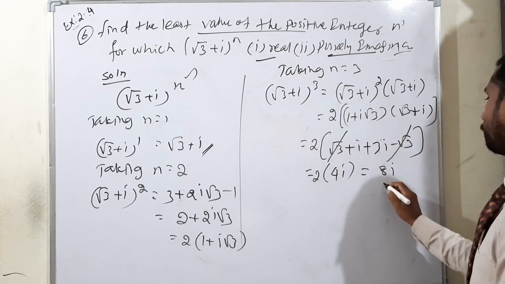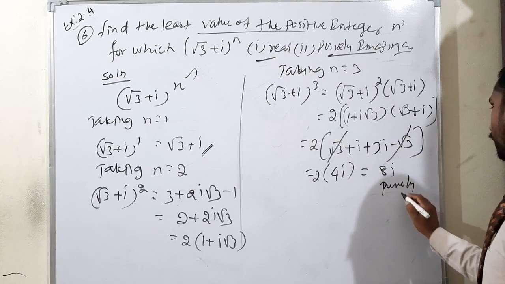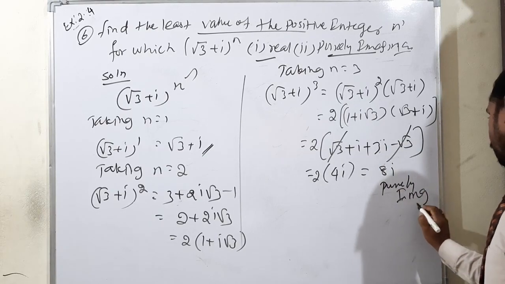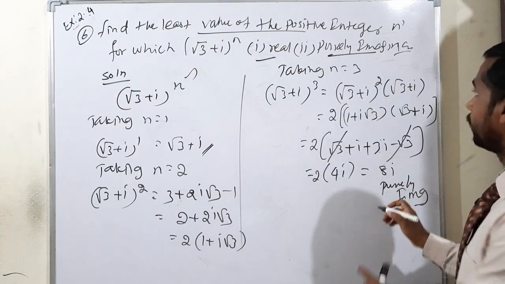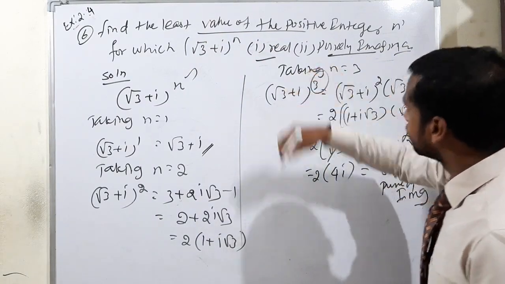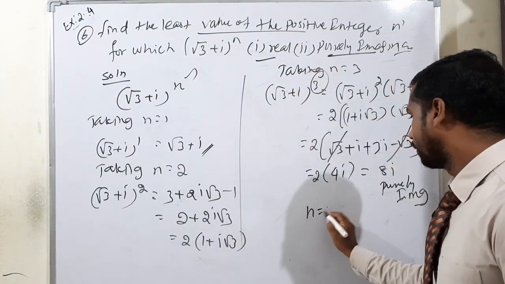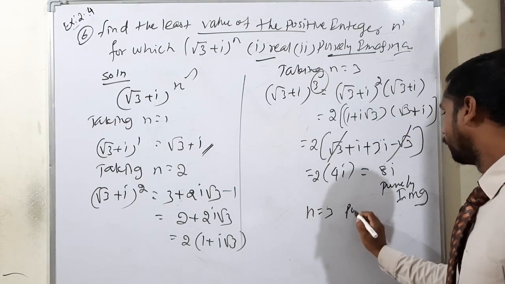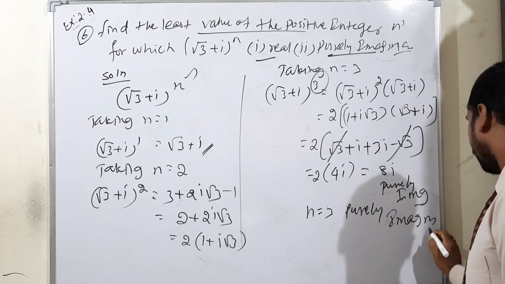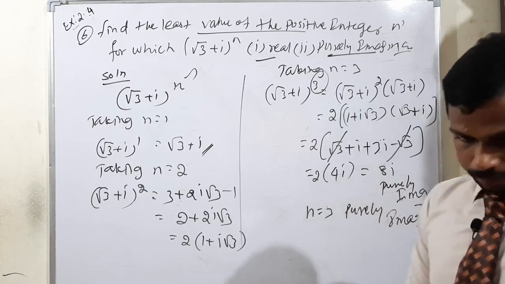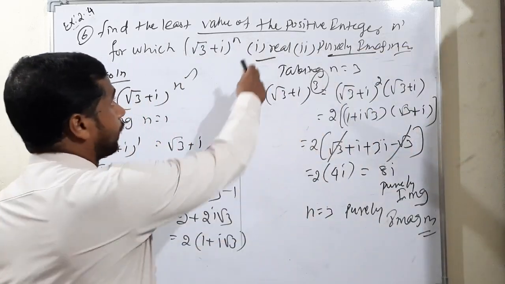So this is called purely imaginary. But the question is to find the least value of the integer. When n is equal to 3, it is purely imaginary.